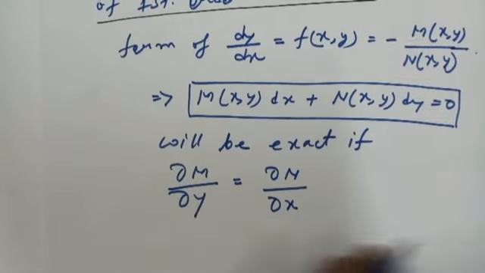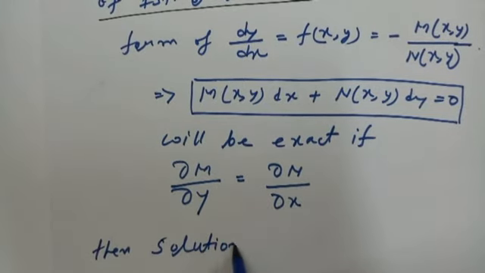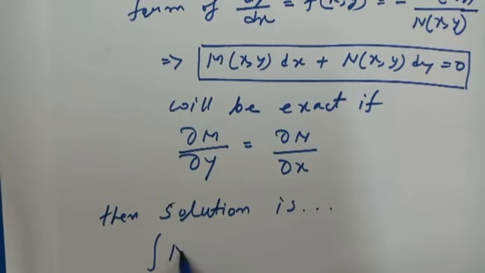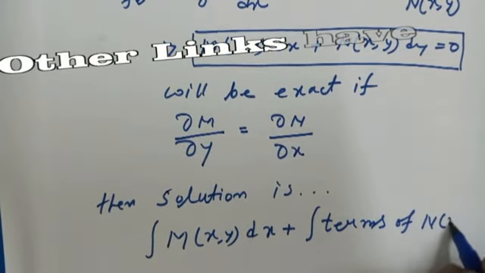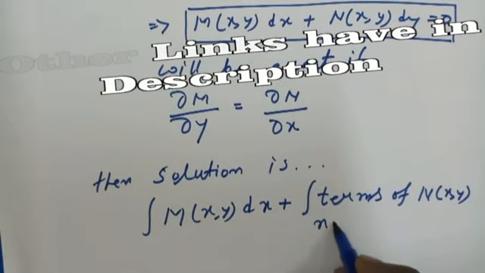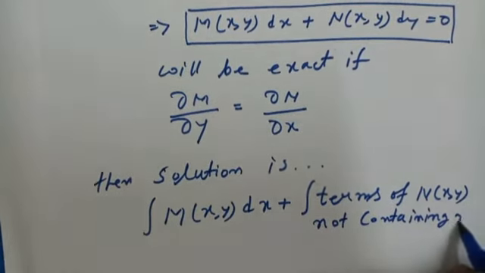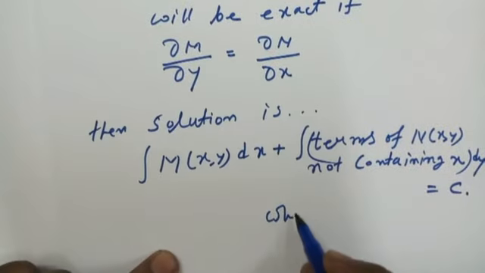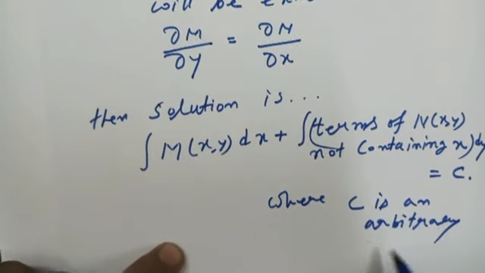Now the solution is the integral of M(x,y) dx plus terms of N(x,y) not containing x, dy, equal to c, where c is an arbitrary constant.